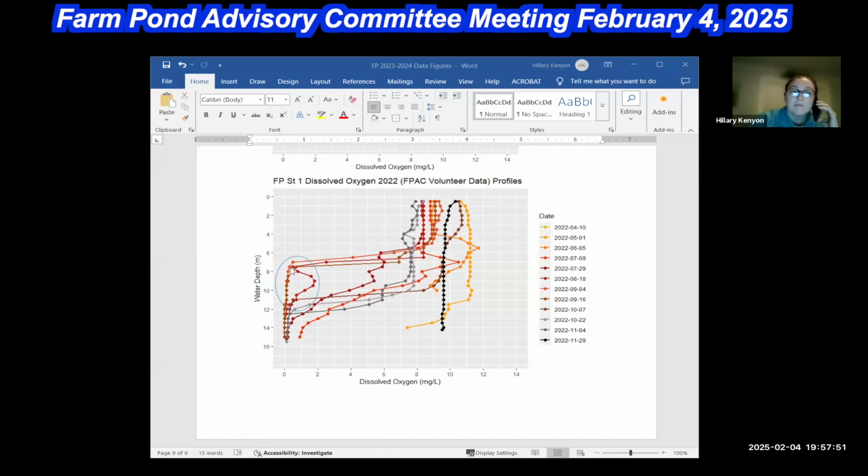It was potentially infiltrating from a shallower depth, and then eventually it all went anoxic.